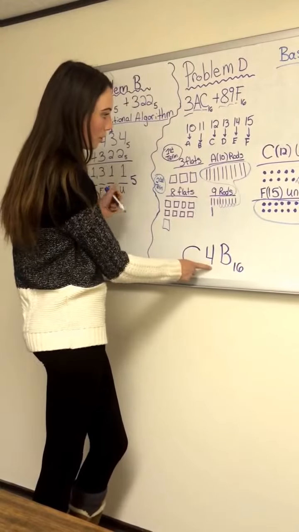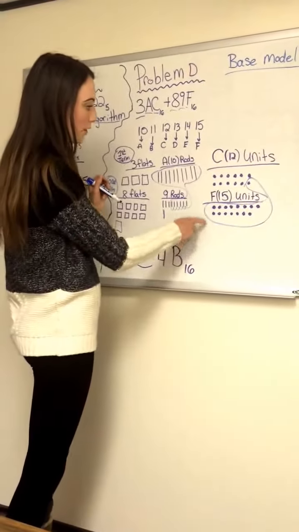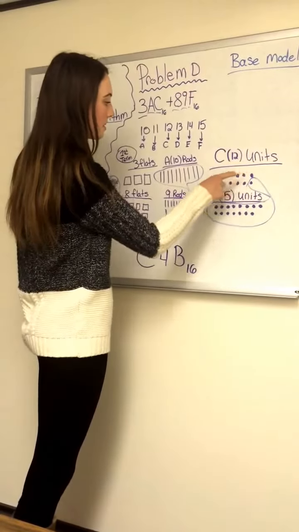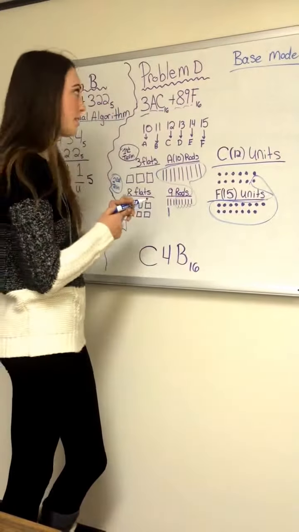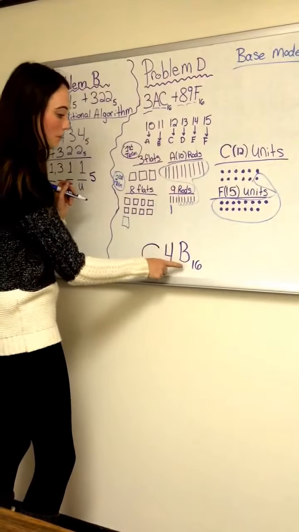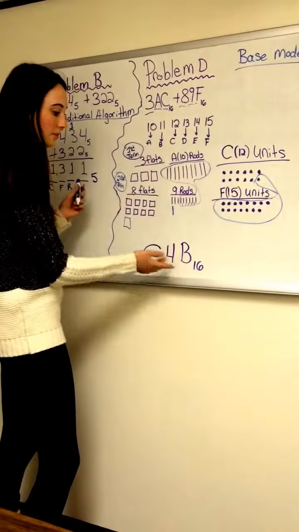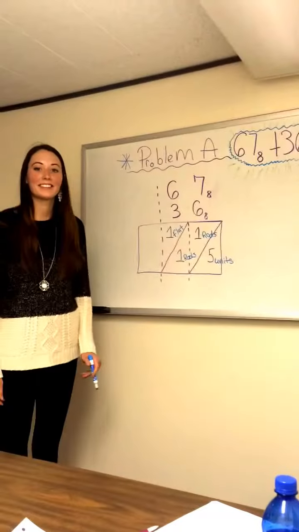So we have 4 rods. And the last one, let's see how many we have. 1, 2, 3, 4, 5, 6, 7, 8, 9, 10, 11. We have 11 units left. So let's look up here. 11 is B. So B will represent how many units we have, which is 11. So the answer is C4B, base 16.